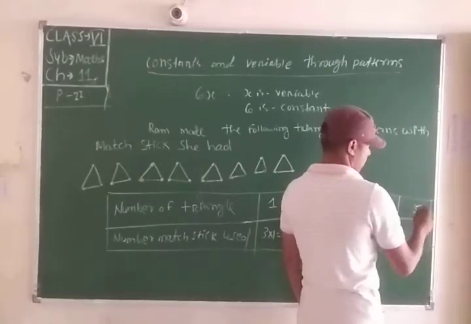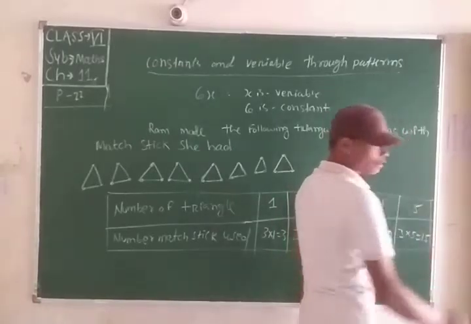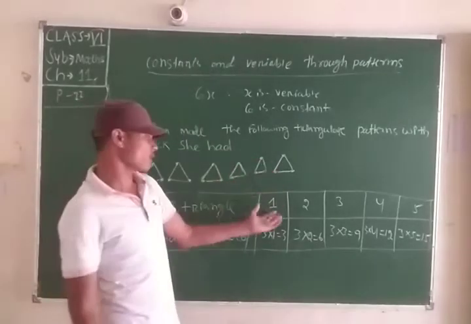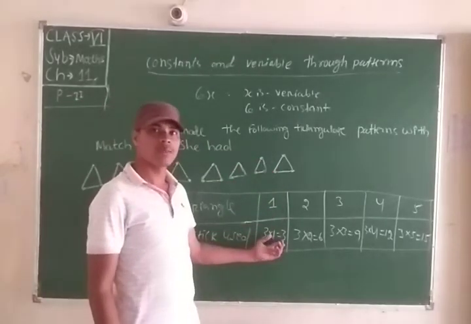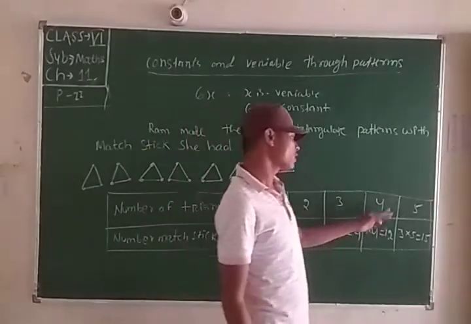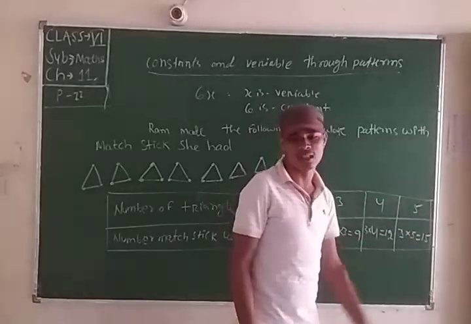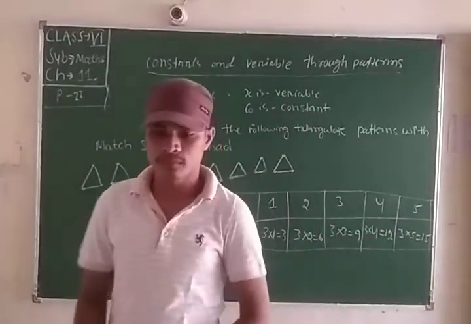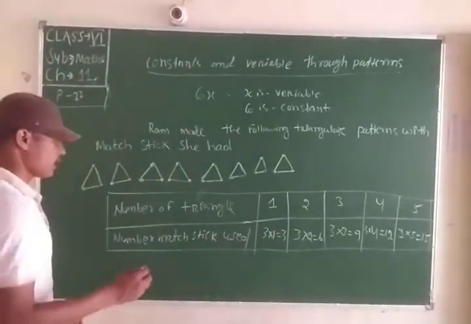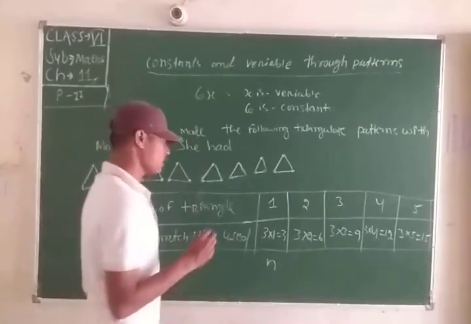When we take five triangles, then 3 into 5 equals 15 match sticks. So if we want to draw a pattern with match sticks: for 1 triangle, 3 match sticks are needed; for 2, 6; for 3, 9; and for 5 triangles, 15 match sticks. And lastly, if you take n number of triangles here.